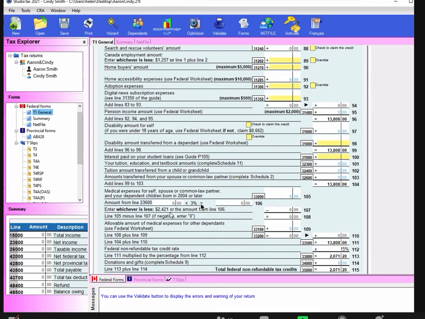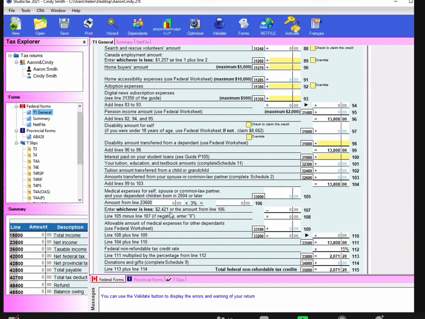Listen, the first thing is we want the best result for you, the best benefit for this family. You want this credit to be big or small? You want the medical expenses number to be big or small?